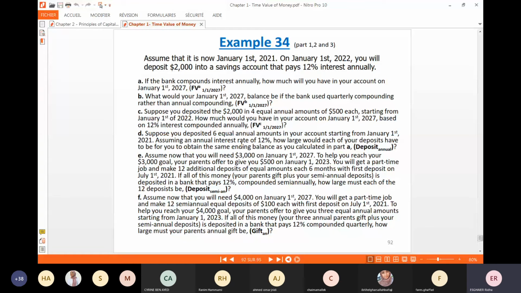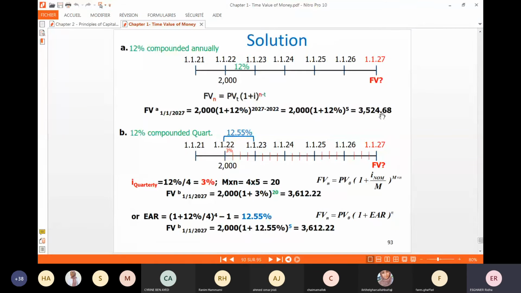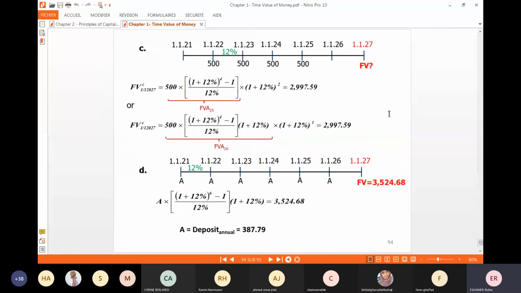How large should each of your deposits have to be for you to obtain the same ending balance as the one calculated in part A? So for question A, the accumulated amount is 3,524.68. I need at the date 1/1/2027 the future value of all these deposits to be 3,524.68.